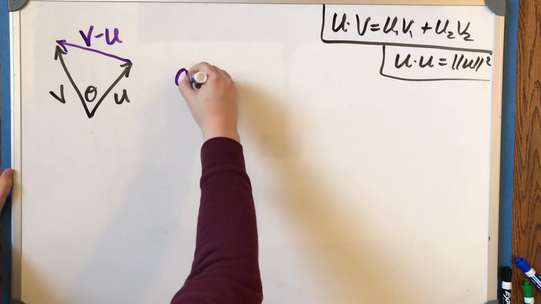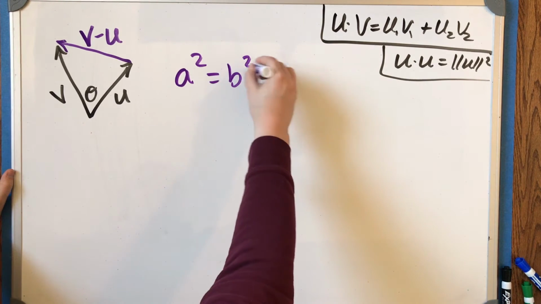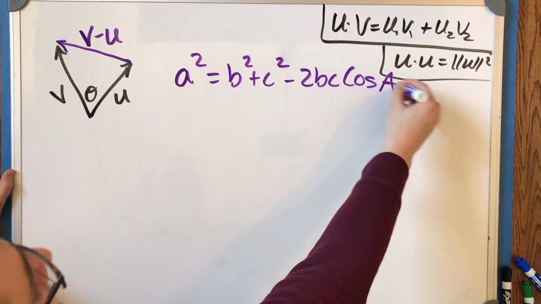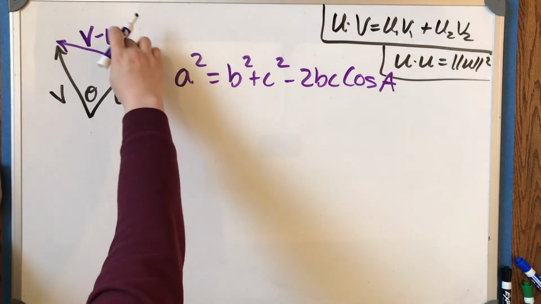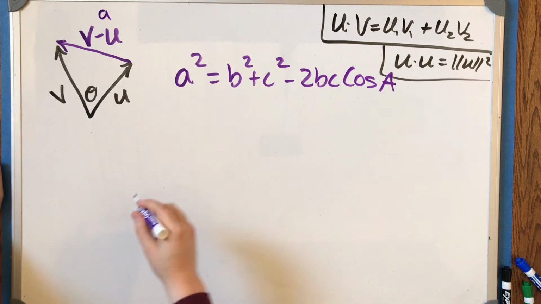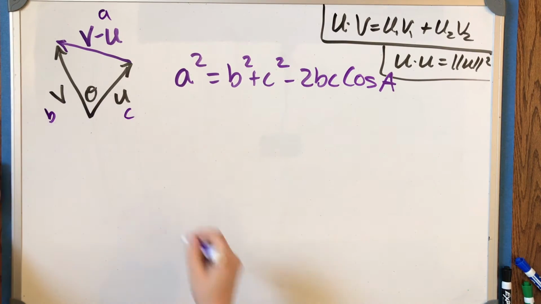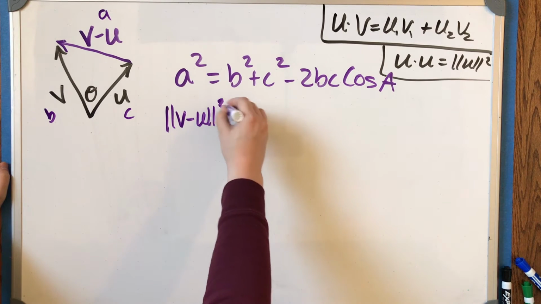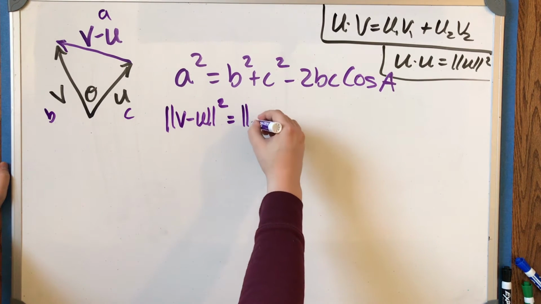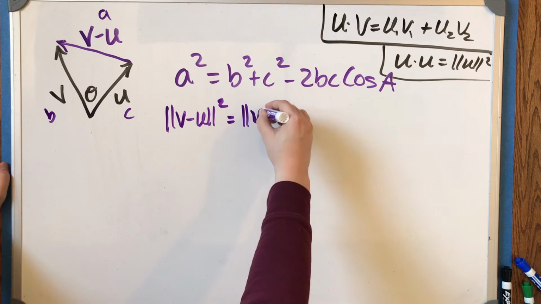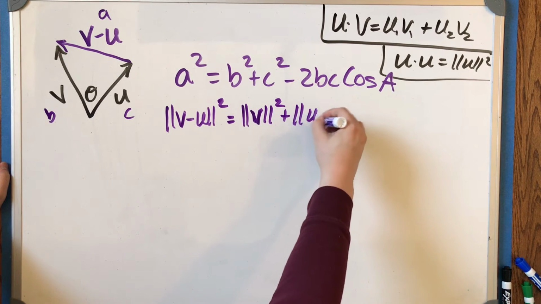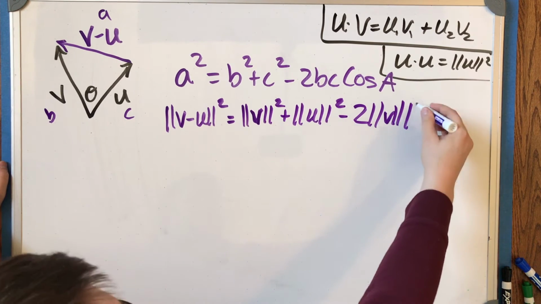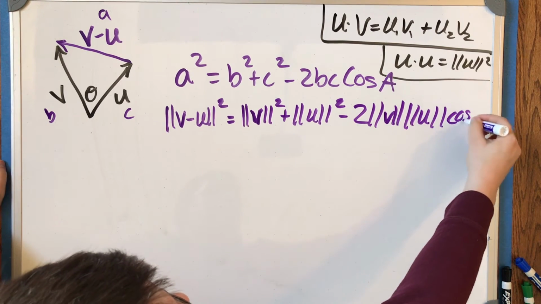So I can actually set up a law of cosines situation here. And just to remind you what that is, that's law of cosines. So I'm going to let this side be A, and then it really doesn't matter what I let be B and C, but I'm going to have the magnitude of v minus u squared is going to equal the magnitude of v squared plus the magnitude of u squared minus 2 times the magnitude of v, magnitude of u, cosine theta.